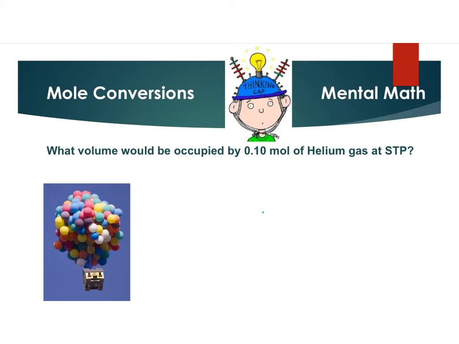Okay, this one asks you, it says what volume would be occupied by 0.10 moles of helium gas at STP. And so we're going to be working with our moles and we want to find volume. So your given goes first, 0.10 moles of helium.